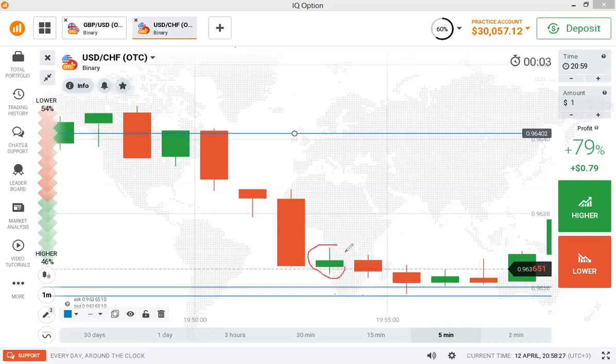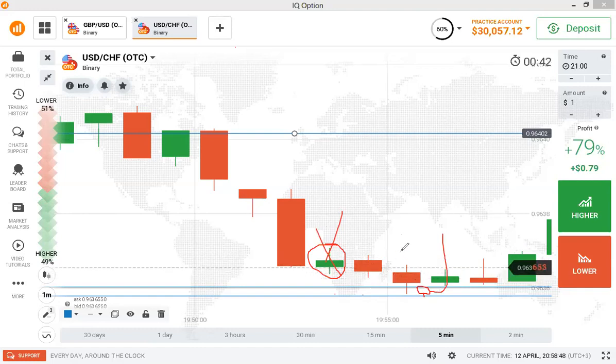Assuming that there's no buyers' entry here, the market will still form a very small bearish candle here with rejection before buyers will enter. But because the buyers already entered here, the candle now got rejection from that level. Buyers still managed to enter.